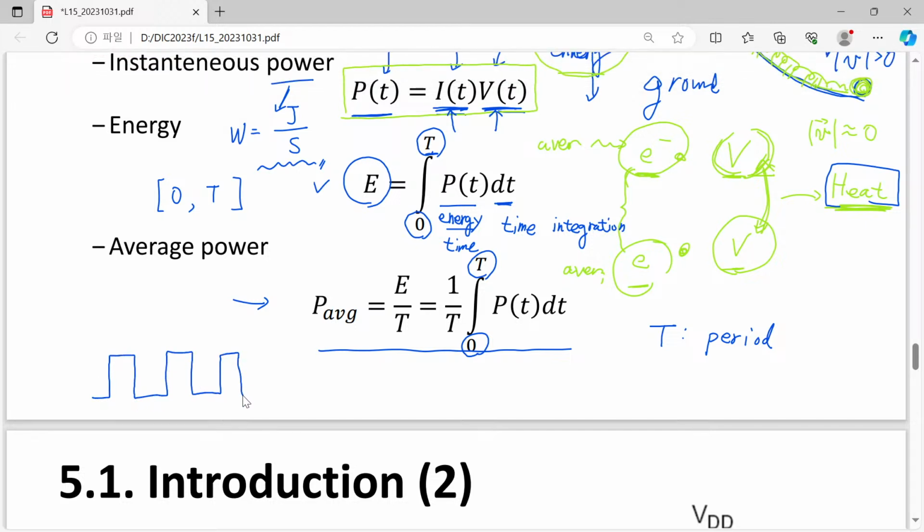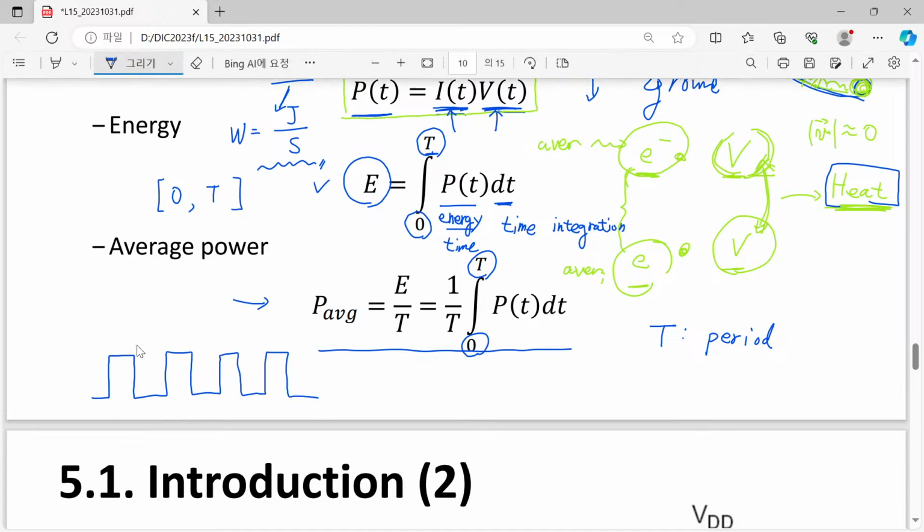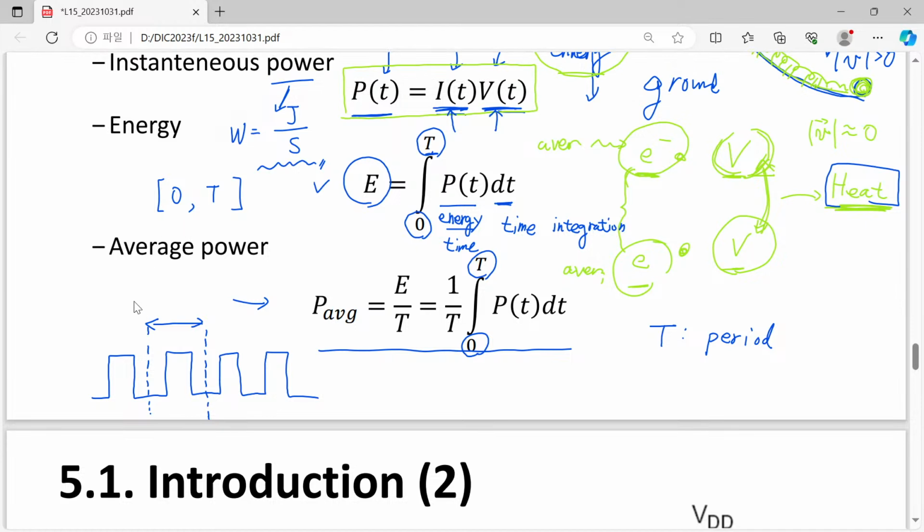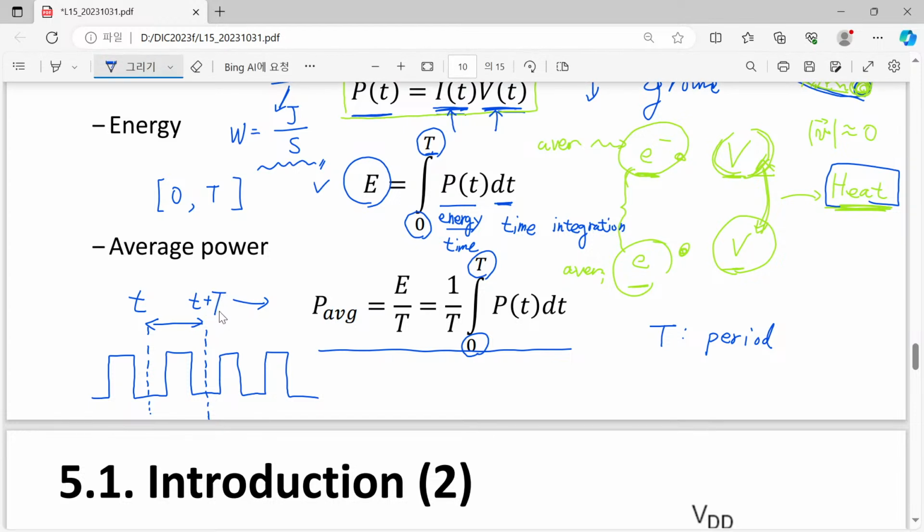If we have a periodic signal, a period is a time interval where our electrical signal is recovered to its original position. When we have time equal to t and t plus capital T, their values are the same. And when we add t plus 2 times capital T, we will have the same value. So this is the period.